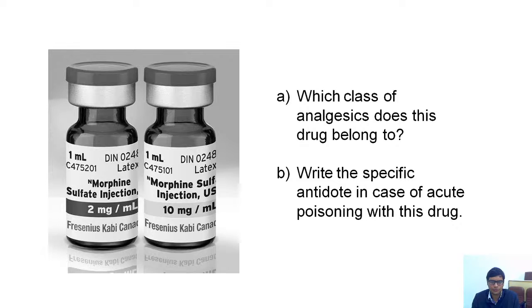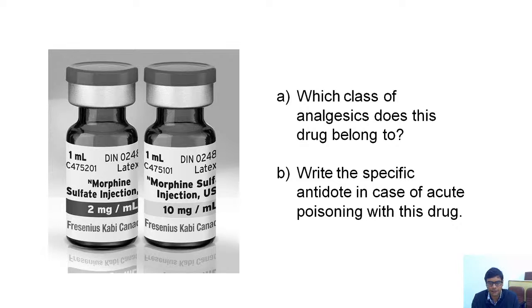You can score very good marks from these spotters, but just pay attention to what is being asked in the question and answer accordingly. You need not write elaborate answers for all the questions. Just pinpoint what is being asked. So here the class of analgesic for morphine is opioid analgesic.